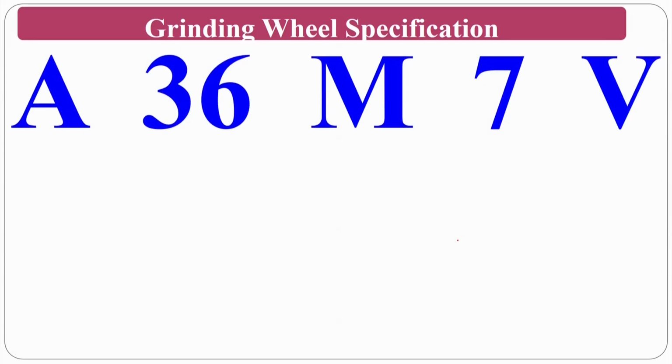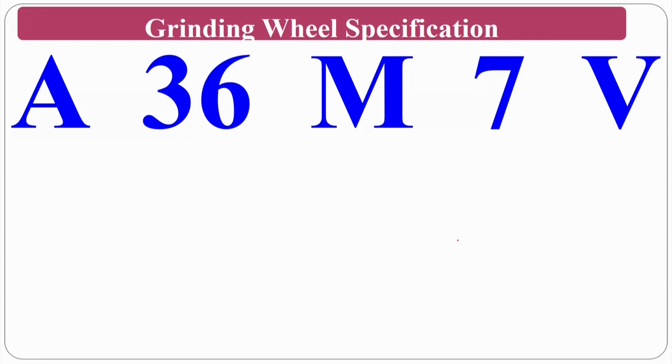The wheel specification in common terminology goes like this, but it may be prefixed or suffixed by other things like a company name, as they have their own codes. That may be possible in some cases. However, we don't bother about a certain company; we bother about the basic specification of a grinding wheel.